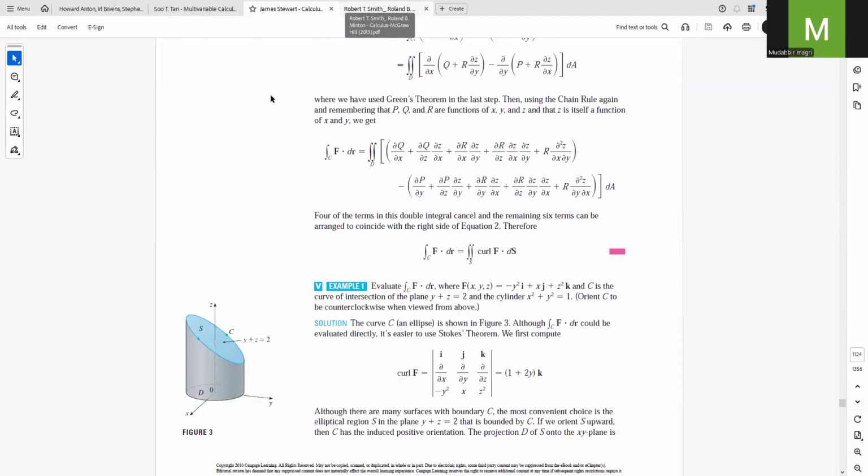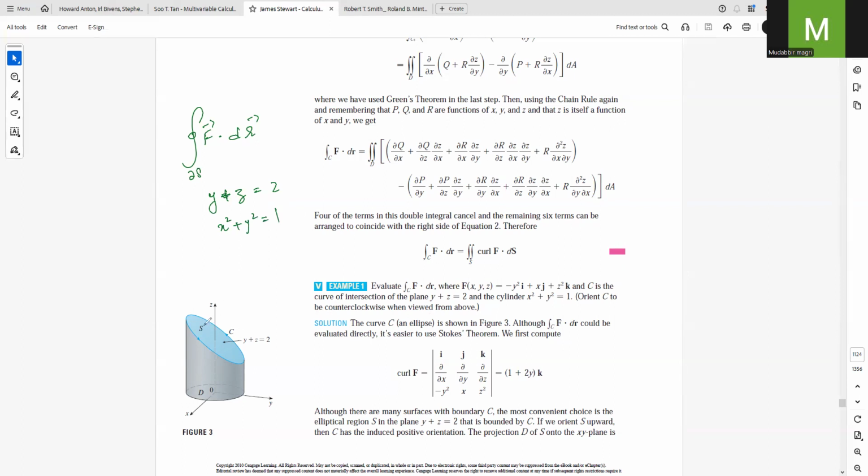Evaluate f dot dr over the curve C, where f is given and C is the curve of intersection of the plane y plus z equals 2 and the cylinder x squared plus y squared equals 1.